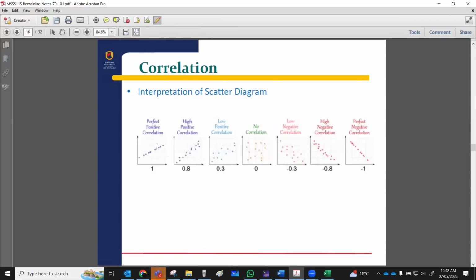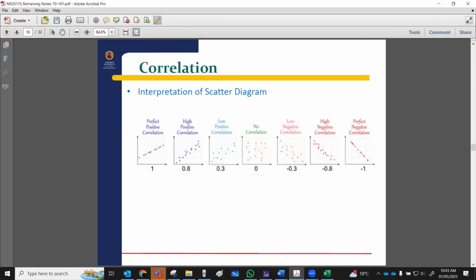So here, this is how we interpret our scatter diagram. If you plot the points and you notice that they're lying in almost a perfect line, then we say that there's a perfect positive correlation. So when the X values increase, the Y values also increase. This one here, they don't fall in a perfect line, but you can see that there's some positive correlation and it's quite high.